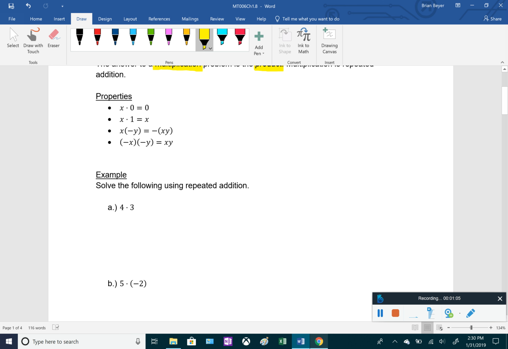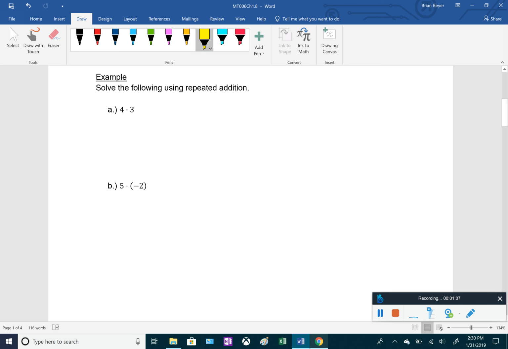So let's do some examples using the repeated addition method. Solve using repeated addition: 4 times 3. We obviously know that 4 times 3 is just 12. But the repeated addition way to do it, which is exactly what multiplication is, is that the first number, in this case the 4, tells us how many times we are adding the second number.